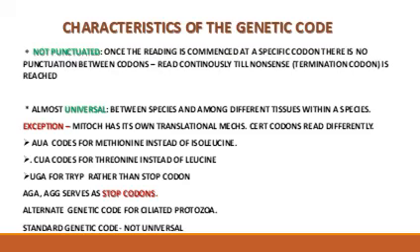For example, AUA codes for methionine instead of isoleucine, CUA codes for threonine instead of leucine, UGA codes for tryptophan rather than the stop codon, and AGA and AGG serve as stop codons in the mitochondria. Then there are alternate genetic codes for ciliated protozoa. So the genetic code is almost universal, but it is a standard genetic code.